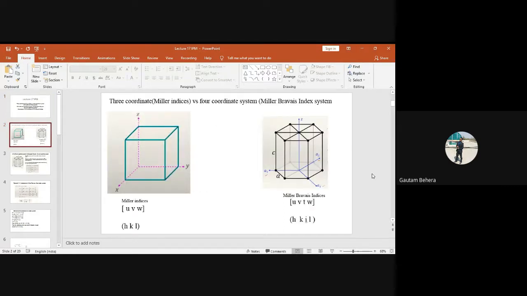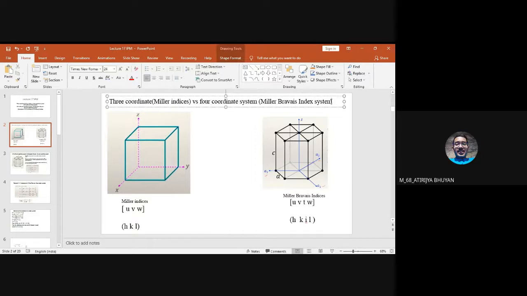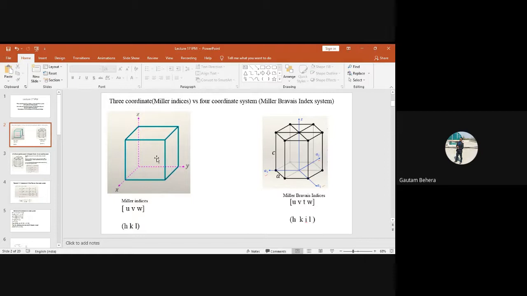So, three coordinate versus four coordinate system. Three coordinate system is Miller indices, and four coordinate system is called Miller-Bravais index system or indices. Now you can see this is a unit cell of a cube.